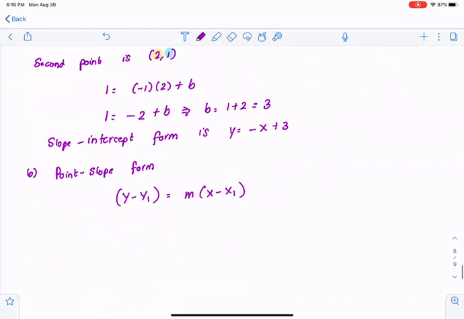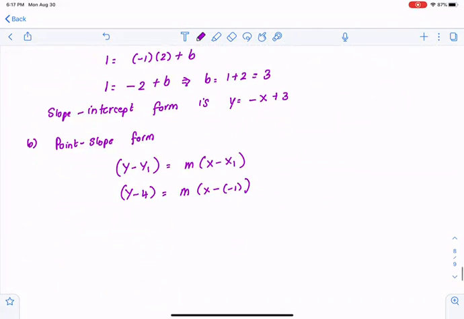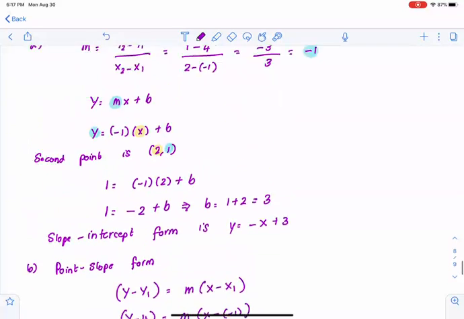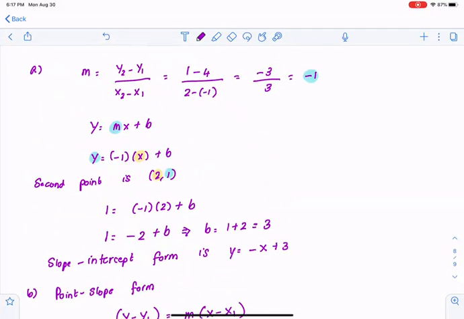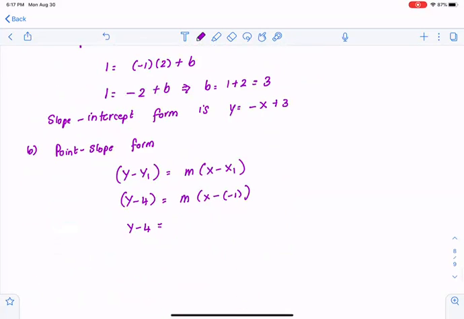So y1 is 4, so y minus 4 is equal to m times x minus -1. So y minus 4 is equal to the slope, -1, times x. -1 times -1 is +1.